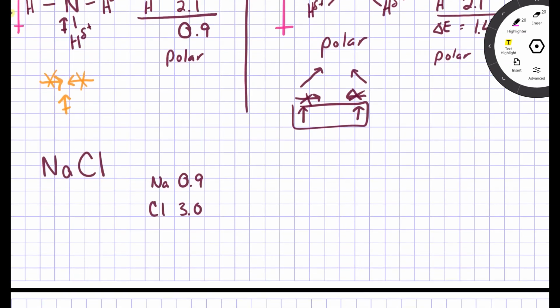And so because of that, that is going to be my ionic. Sorry, my brain is not working right now. 2, 3. Okay, there we go. So that's going to be a difference of 2.1, which we said that a difference of 2.1, or a change in energy of 2.1, is going to be ion, ion.